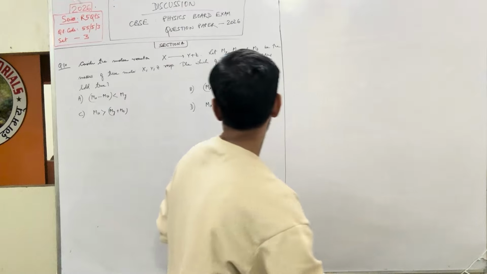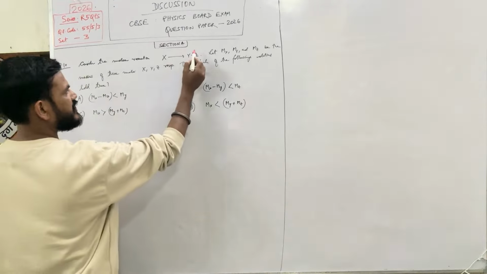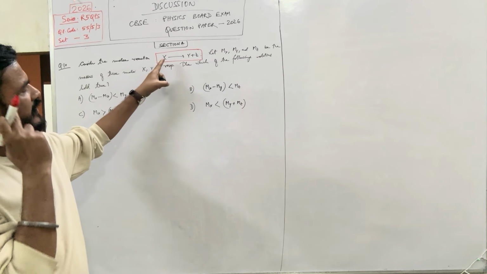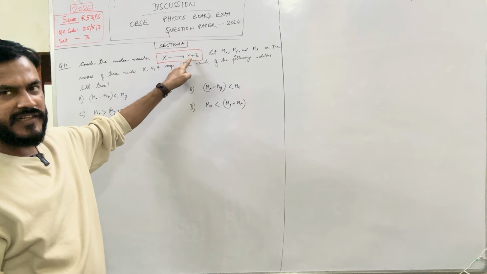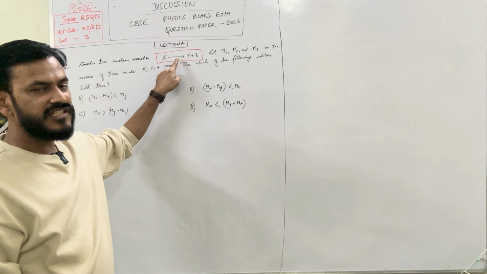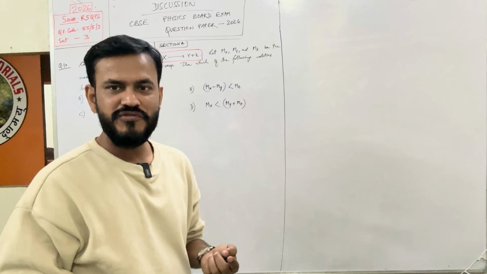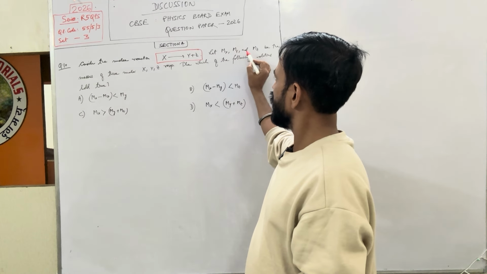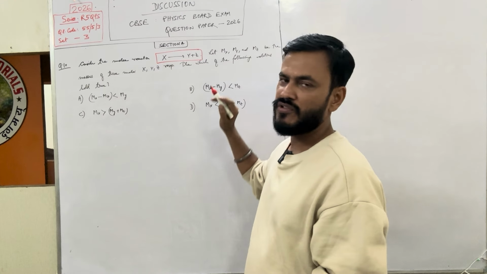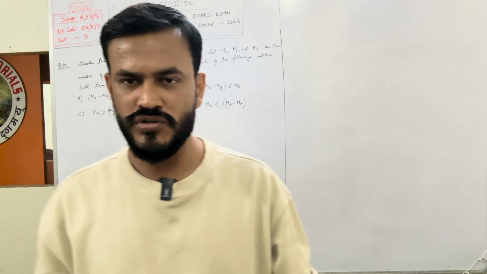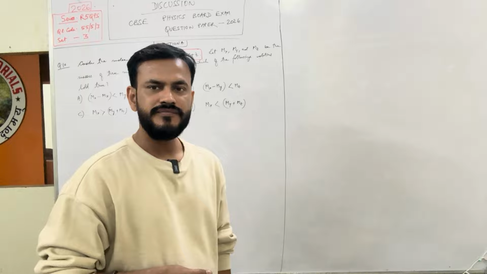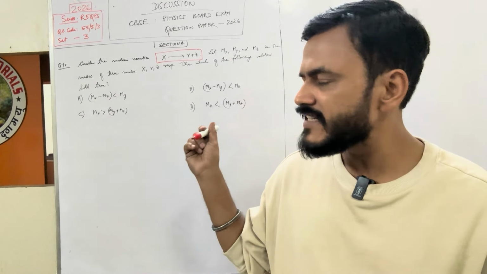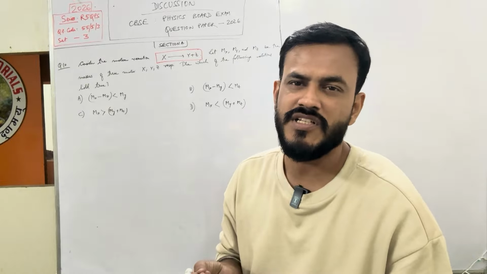Now in this question, it says there is a nuclear reaction which is X going to Y plus Z. Clearly, since two daughter nuclei are getting formed from X, that means this is a nuclear fission reaction. The mother nucleus is getting broken down into two daughter nuclei. Now, Mx, My, Mz are the masses of the nuclei. Then which of the following relations hold true? We know the concept of mass defect. So this tests the concept of mass defect. What is mass defect?